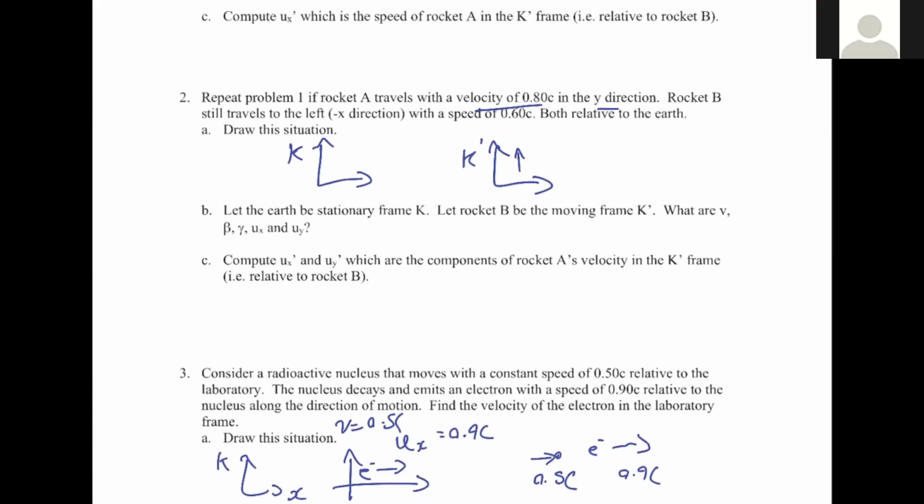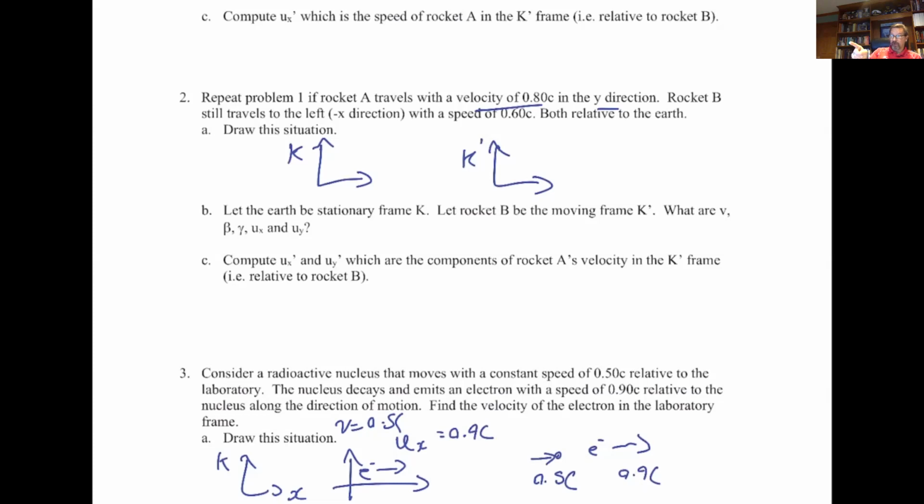So if the Earth is stationary, frame K, then rocket B will be the moving one. Yep. So rocket B is to the left, 0.60 C. Cool, this is a nice question. I think you nailed it right there.